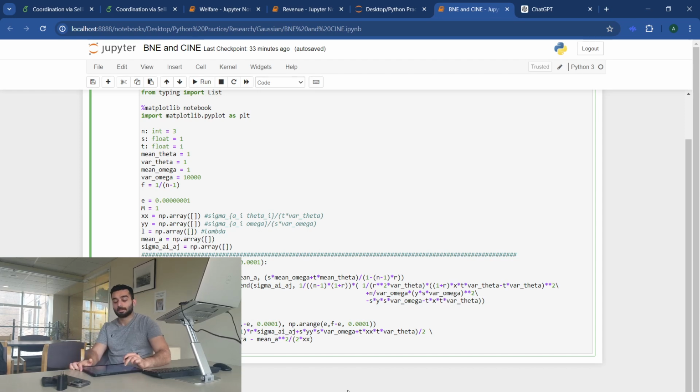Is x greater than 1 now? It's the question. Is it greater than 1?